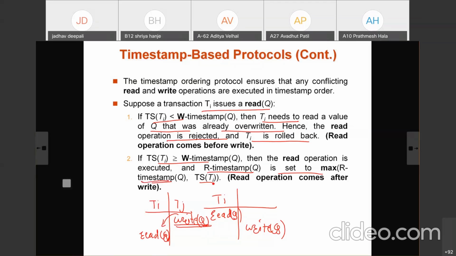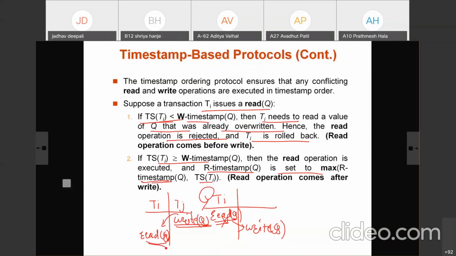First a write operation is performed on Q and then it is read by another transaction Ti. Then the read operation is executed, and the new R-timestamp is the maximum of the previous R-timestamp and TS(Ti).